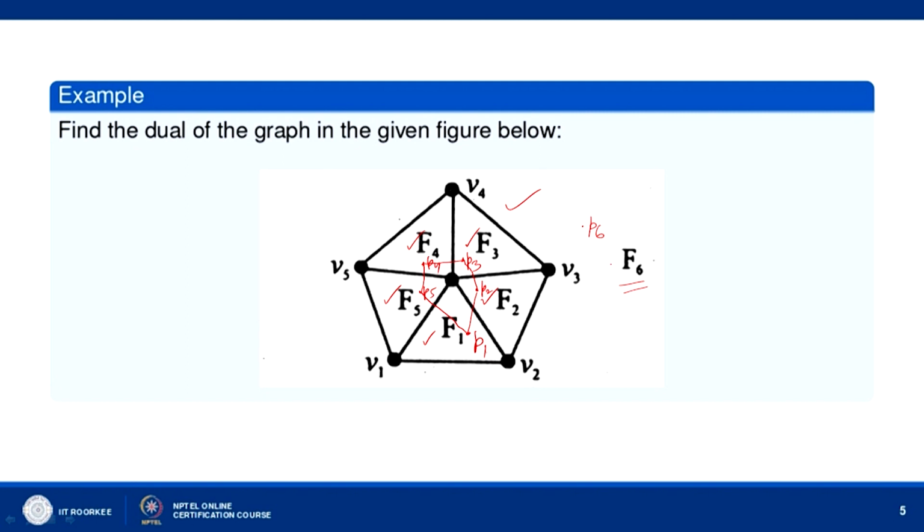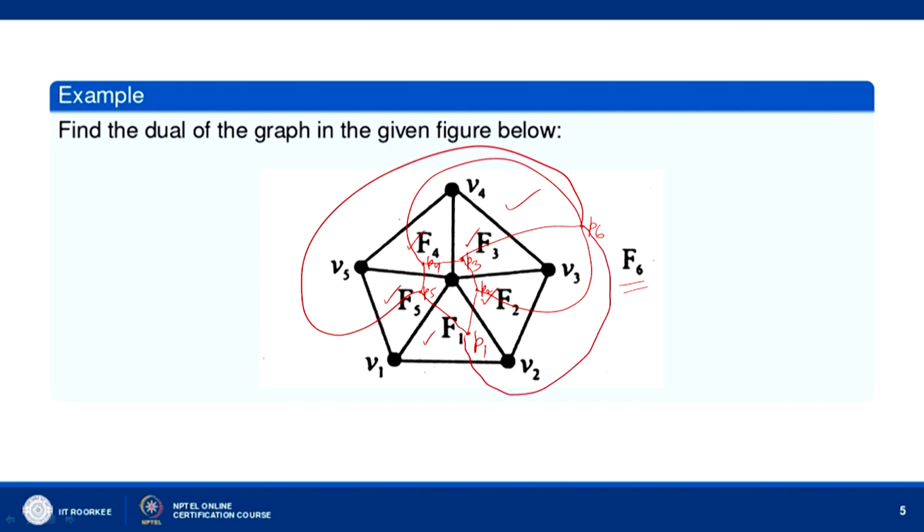Now, P6 is adjacent to P3, so we join P6 to P3, we join P6 to P4, we join P6 to P5, and then we join P6 to P2, and P6 to P1.